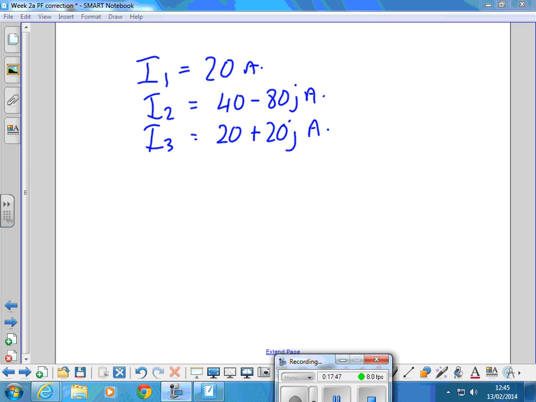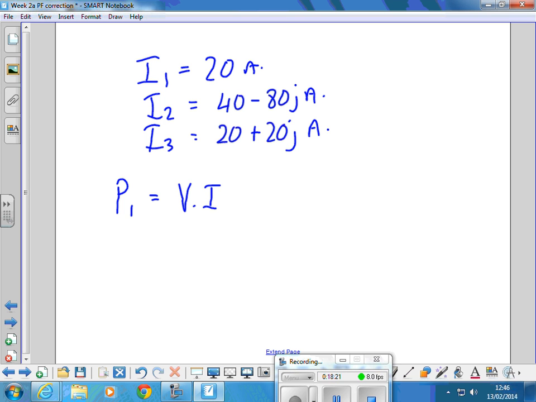So there are three currents, I1, I2 and I3. What we want to do now is calculate the power dissipated in the resistor. So power in the resistor, we'll call it P1, is, how can we calculate that?